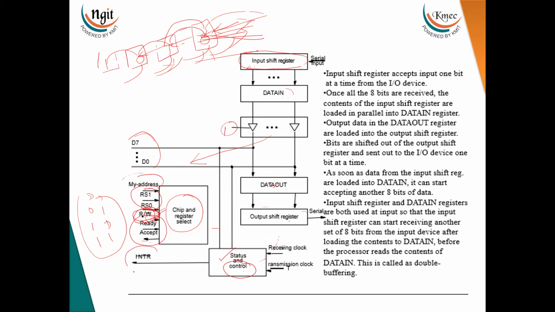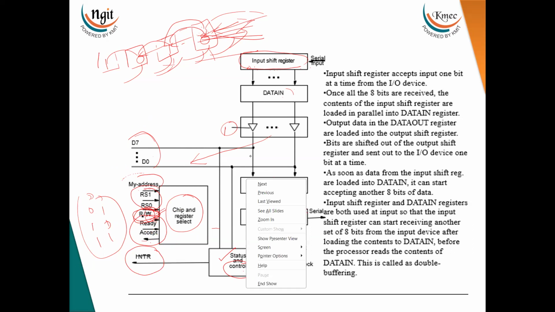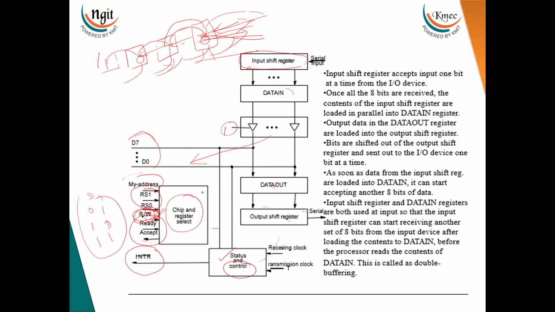Now coming to the interrupt. What is an interrupt? We have already studied it. Instead of polling, in the previous lecture we saw that the microprocessor reads the status of the interface, which is nothing but polling. Instead of that, whenever the device is ready to send the data, the device itself gives the interrupt signal.